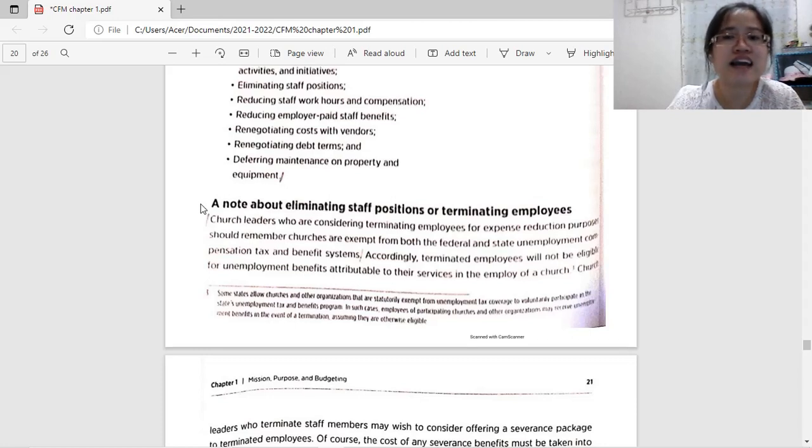And of course, it has to follow the proper procedures. The employee would have to voluntarily resign from the post because there are repercussions if it looks like the employer terminated the employee unjustly. So there are repercussions, and we don't want to go through that.